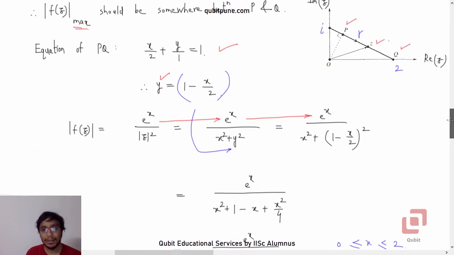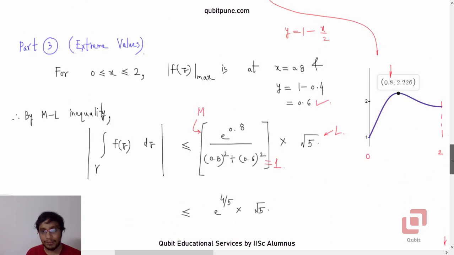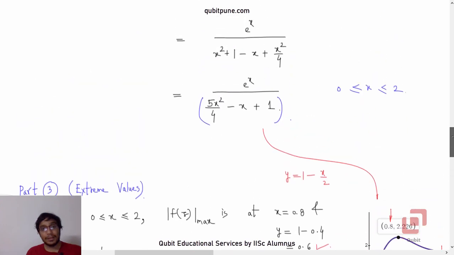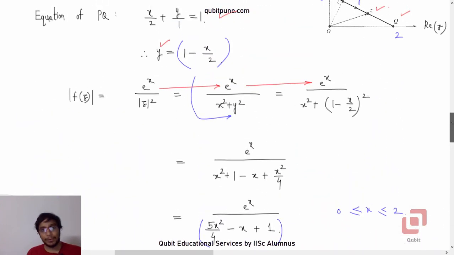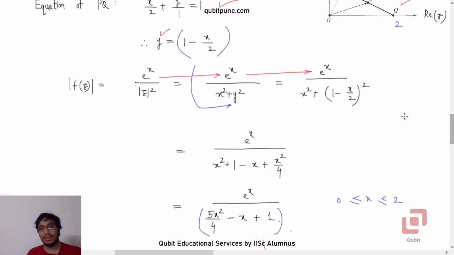Yes. Now if you simplify it, it will turn out to be e to the power 4 by 5 into root of 5. Now the main time consuming part in the solution is finding the extreme value of this function.